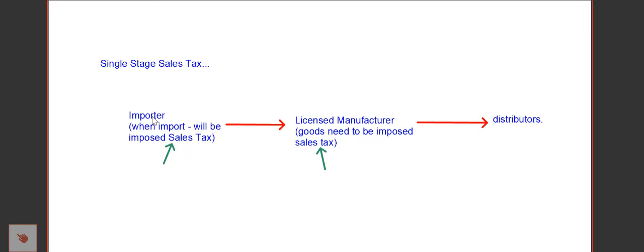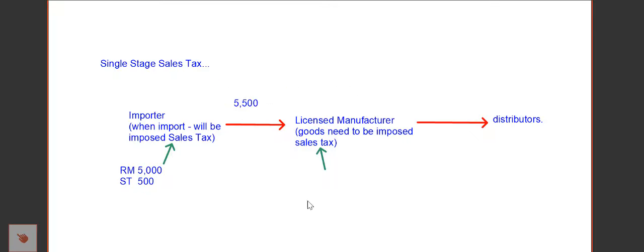This is quite different from GST, where you have the operation of input tax and output tax, so you can claim credit. But here, I'm just going to use a simple number to give an example. Let's say the things that I import are 5,000, and the sales tax is 500. Now, when this amount is charged to you, I know you're going to have a profit element, but I want you to see the same figure.